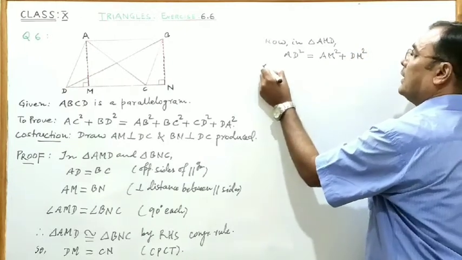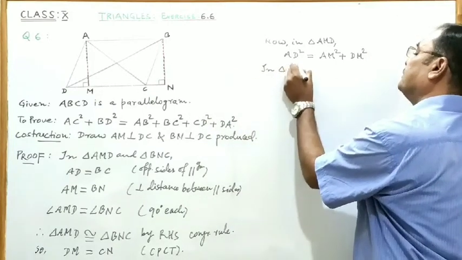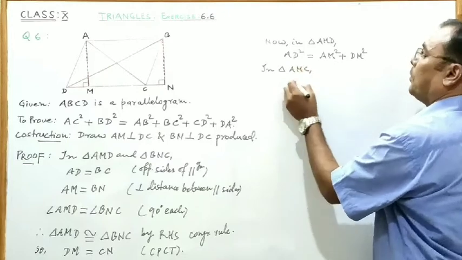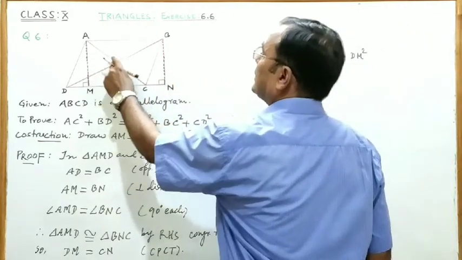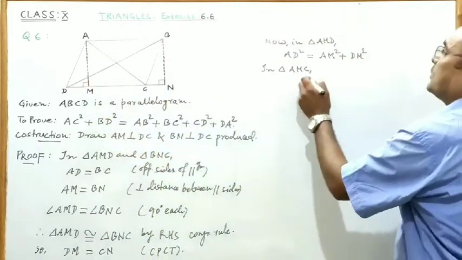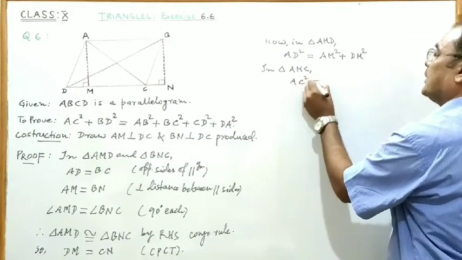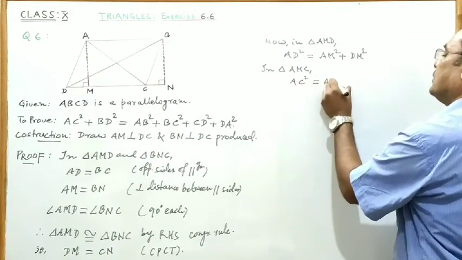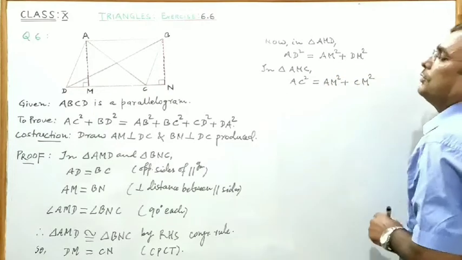And in triangle AMC, using Pythagoras theorem we can write AC square is equal to AM square plus CM square.